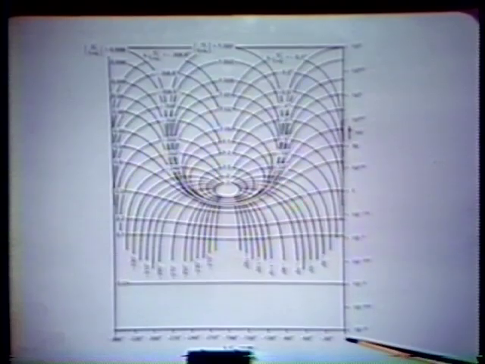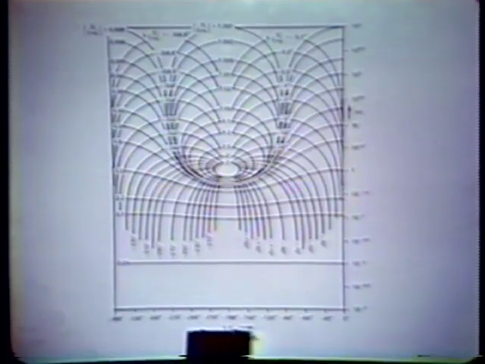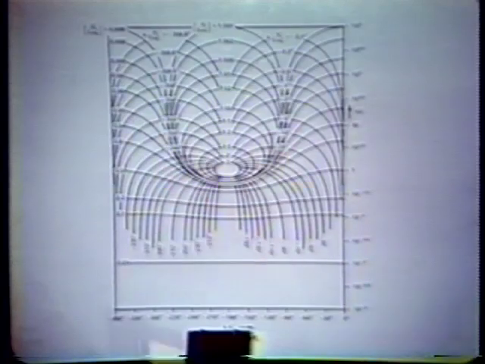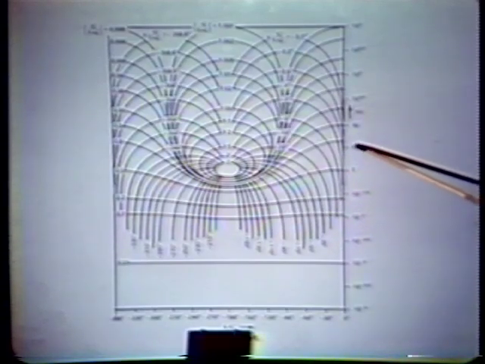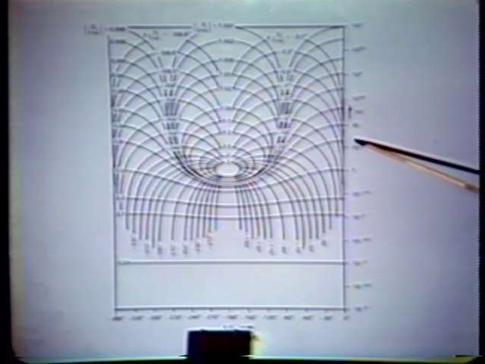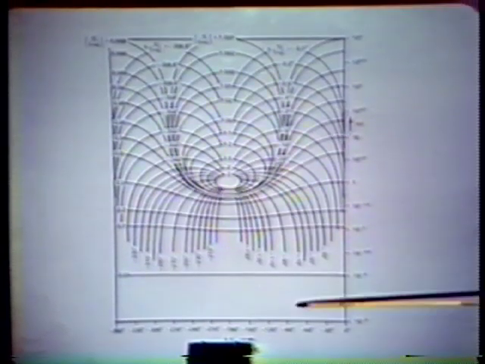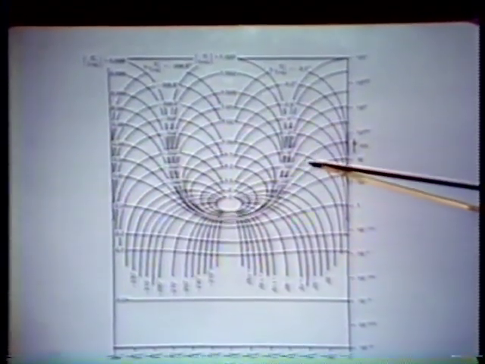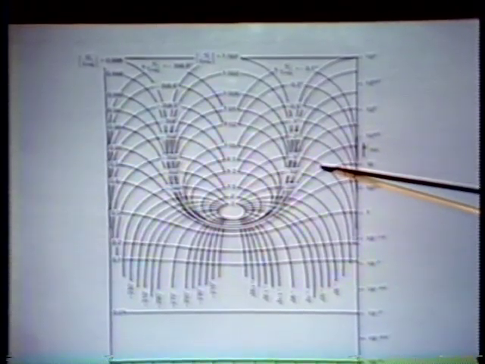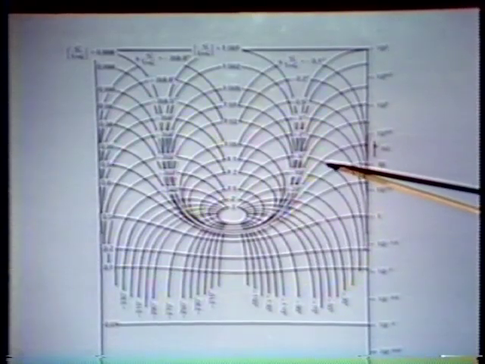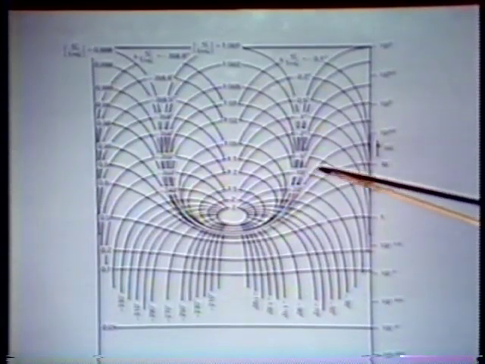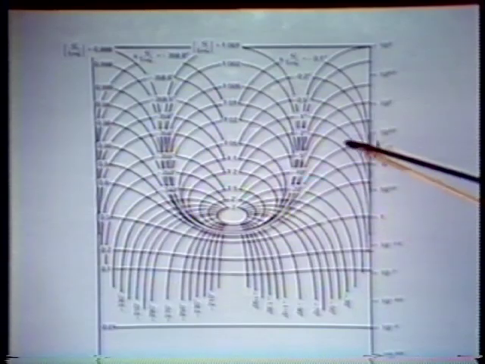Here we have an angle of G running from 0 degrees to minus 360 degrees, and this plane repeats every 360 degrees, so we have all the information that we need. If we have a G of 10 and an angle of minus 60 degrees, that's a point in here somewhere, and we can determine corresponding values for G over 1 plus G from the curved lines on the figure.